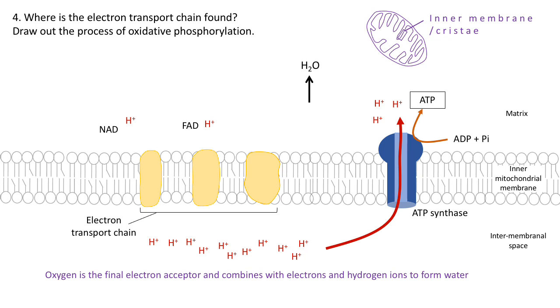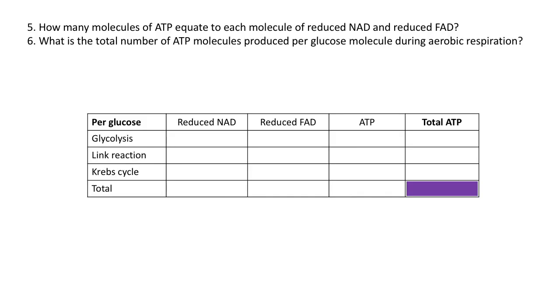So now we'll move on to working out how many molecules of ATP are produced from this process. So for question 5, per reduced NAD, you get 2.5 ATP, and per reduced FAD gives 1.5 ATP.